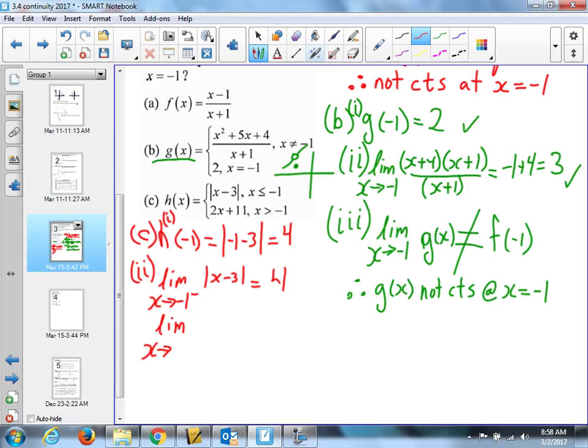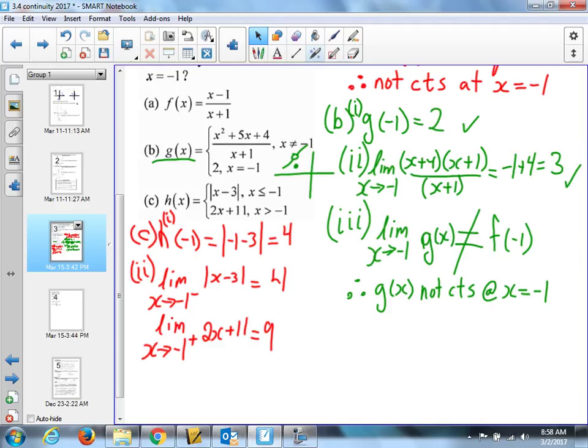X approaching -1 from the right uses the other equation, because it's in this part of the domain. I can plug it in. -2 plus 11. 9, right? You see that the left and the right limits don't match?